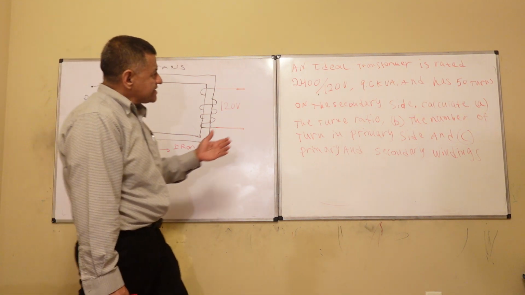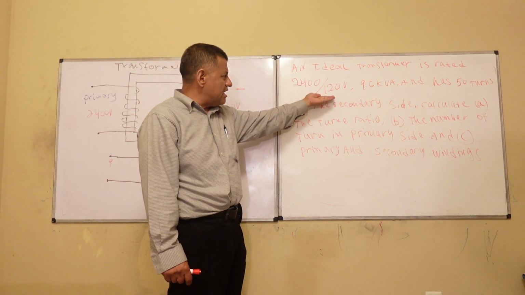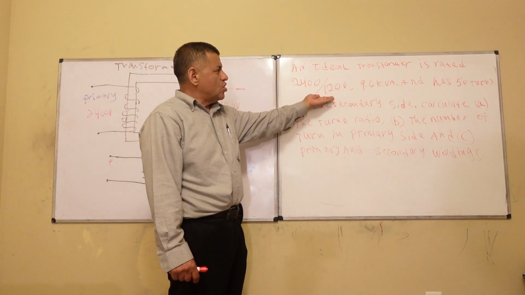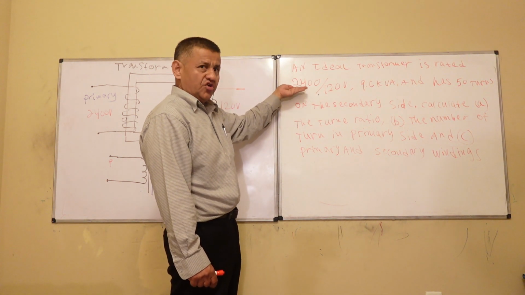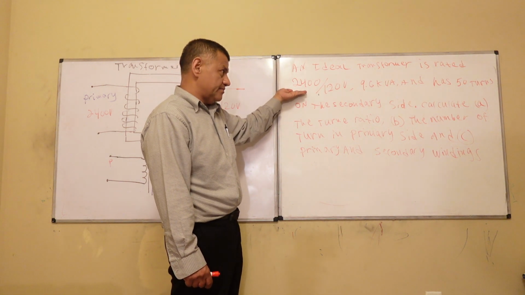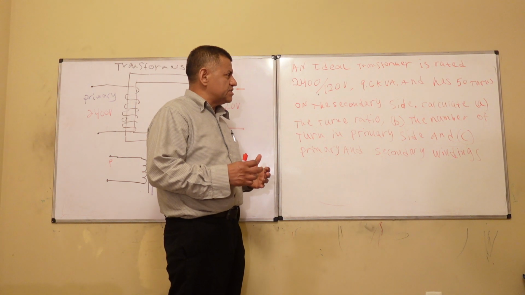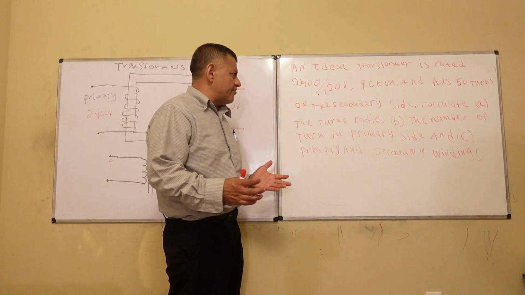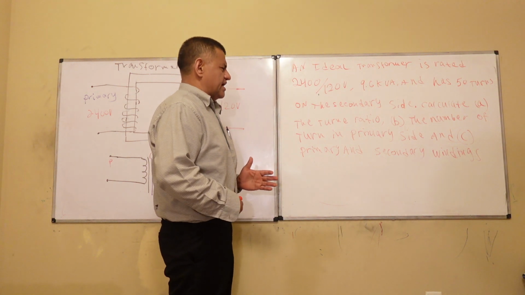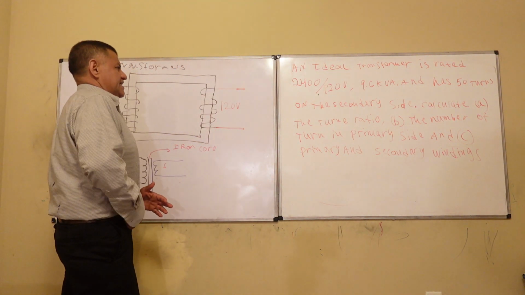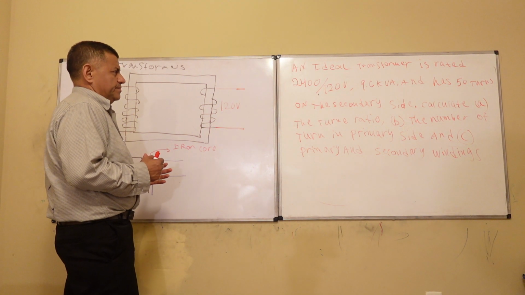Now, if you think about it, look at the rated voltage in the primary. It's a lot more than 120, which tells me that the turn ratio is going to be a lot higher in the primary, analytically. That's why when you solve problems in real life, you look at a number and ask, does this make sense for what I'm doing?